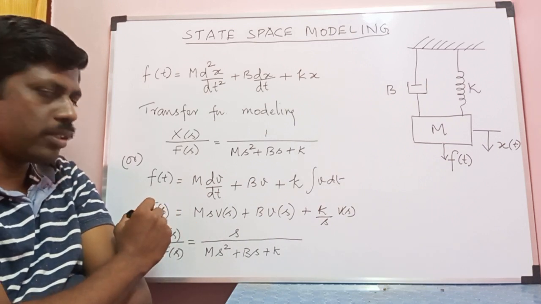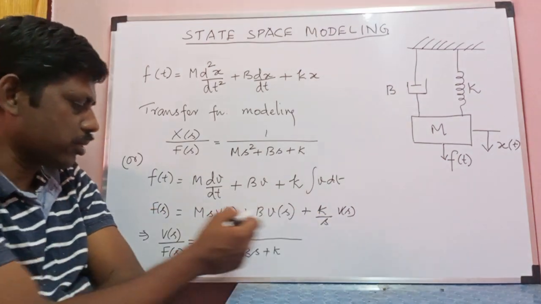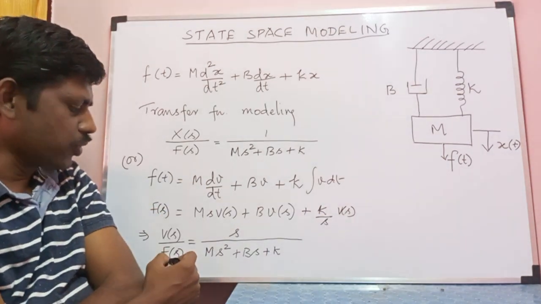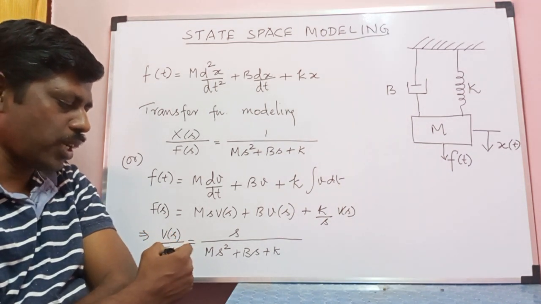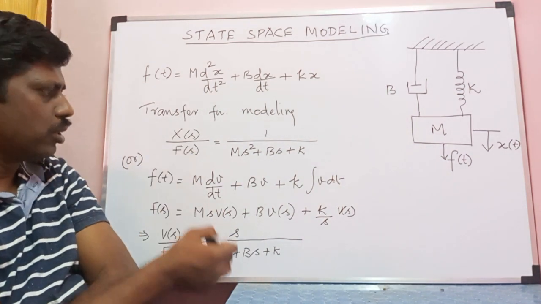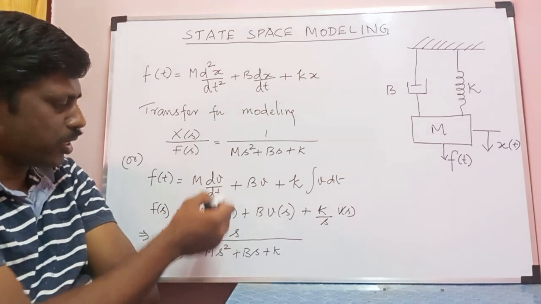So again, if I just take the Laplace transform, I am going to get this. From this, I can get the transfer function as v of s by f of s is equal to this. You are very well able to see the denominator remains the same.